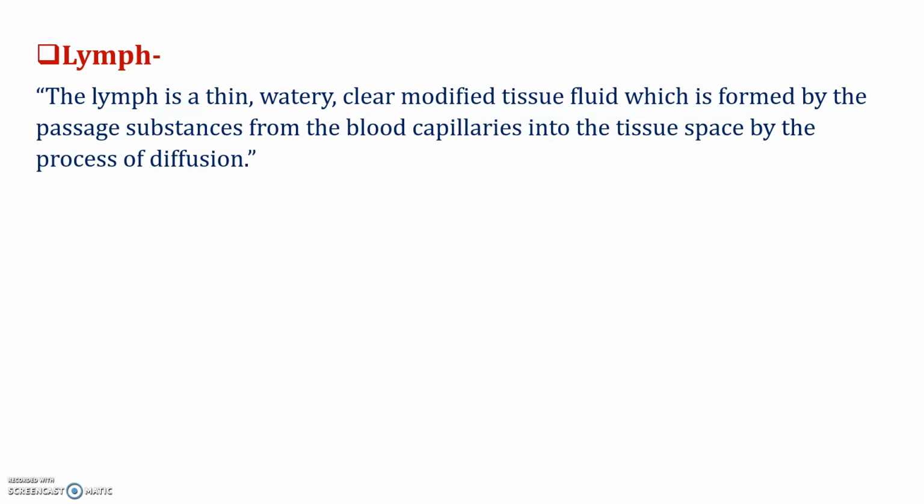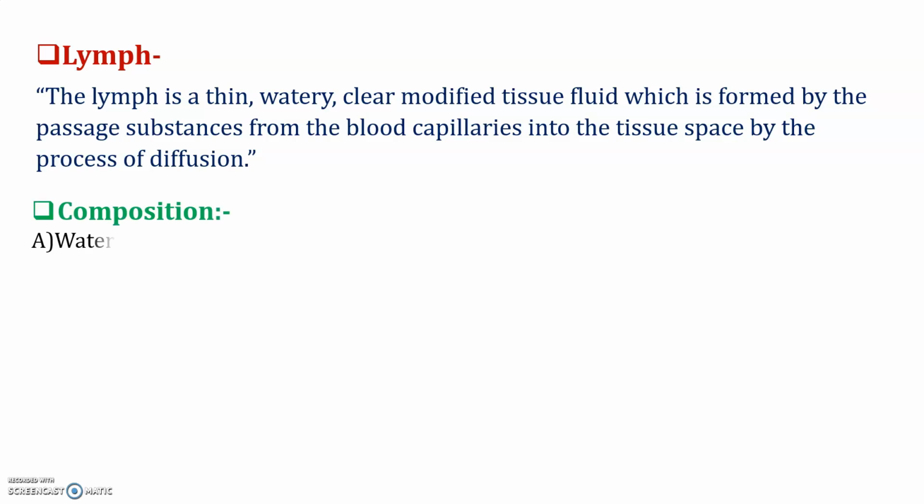The lymph is a thin watery colored modified tissue containing fluid, which is formed by the passage of substances from the body capillaries into the tissue space by the process of diffusion. So this is the very simple definition of lymph, which is present in the passage of the blood capillaries. Along with that, there is the presence of thin watery clear modified tissue.